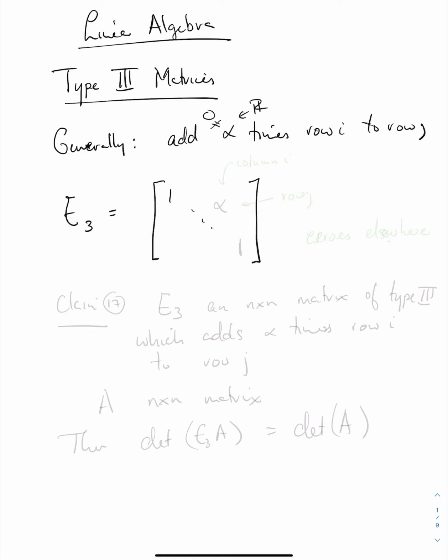They've got ones down the diagonal, but there's going to be an alpha somewhere. And the position of that alpha depends on what E3 is trying to do. If this E3 adds alpha times row i to row j, the alpha is going to be in row j and in column i. Zeros everywhere else.